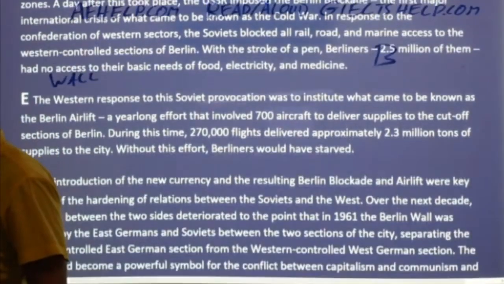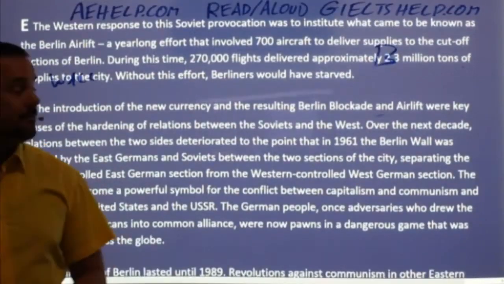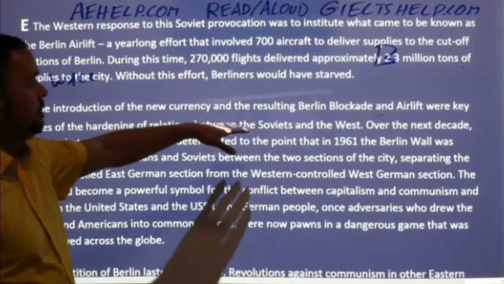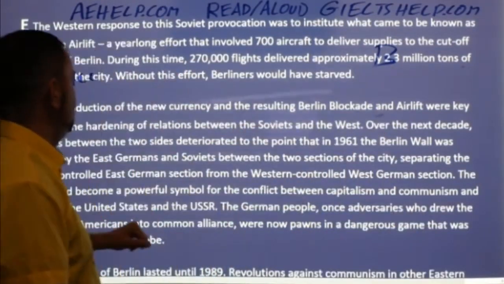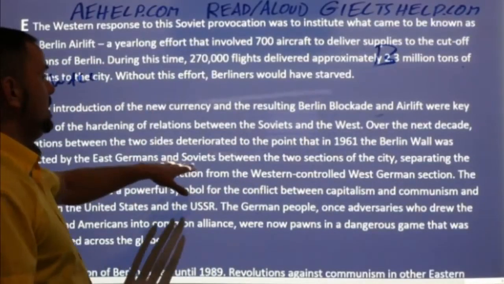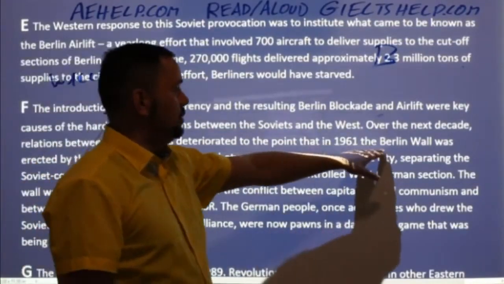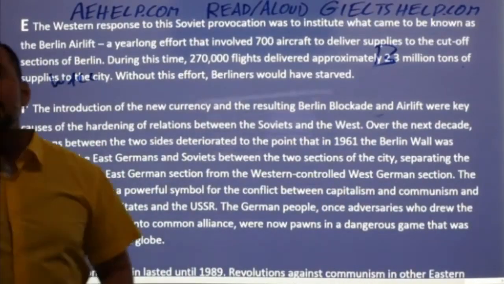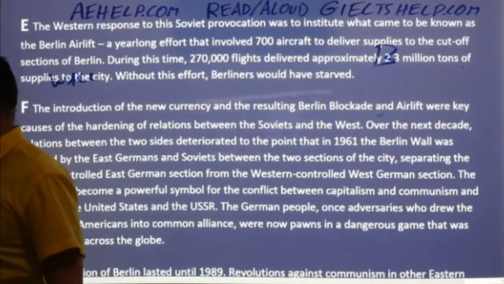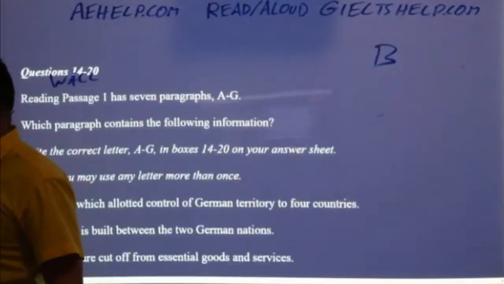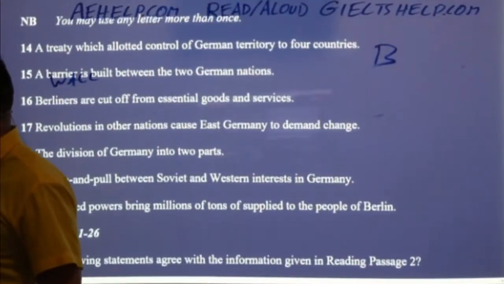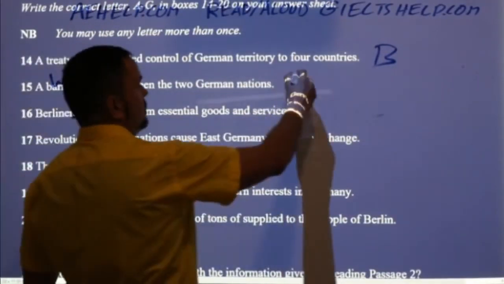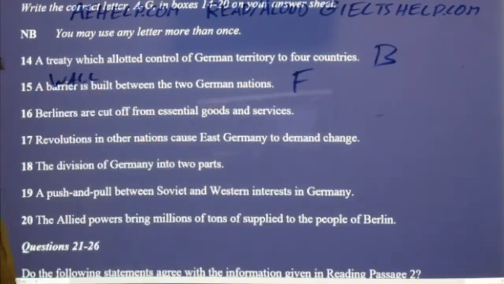Okay. So a lot of you are saying F, so might as well start with F. Okay, so the Berlin blockade, the airlift, okay, and then in 1961, the Berlin Wall was erected. So F is good. And for those of you that were confident that it's F, you might want to quickly check, especially if you know that it's the right one. But if you're really confident, then you just go F and you go to the next one. Okay?